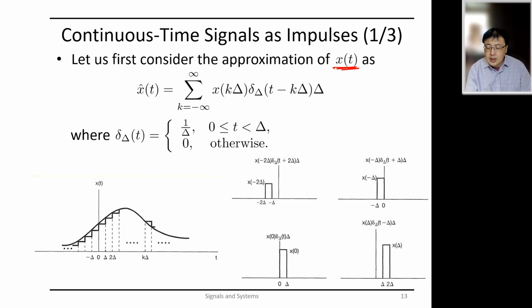So delta sub capital delta of t minus k delta is this square pulse shifted to time k delta and then multiplied by delta. When capital delta is multiplied with 1 over capital delta, we basically have a rectangular pulse with magnitude 1.